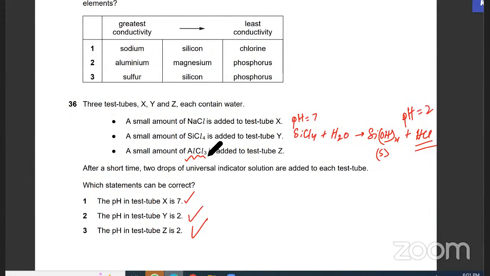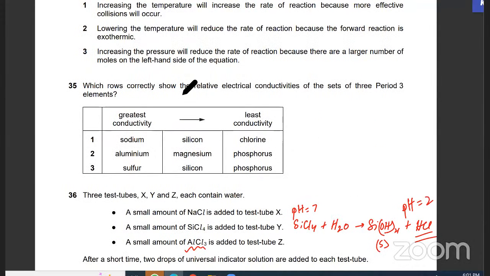Coming back to this, which row correctly shows the relative electrical conductivities of the sets of three period 3 elements? The first one is sodium, aluminium. You've got sodium, silicon, and chlorine. Does the first one make sense?